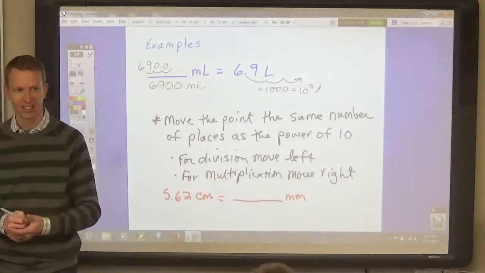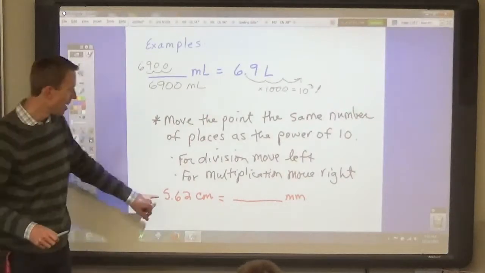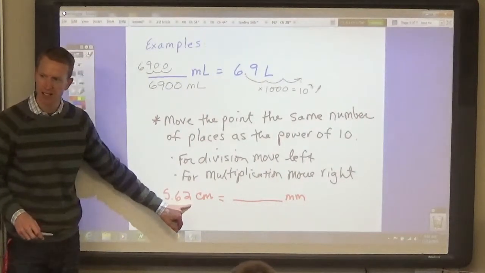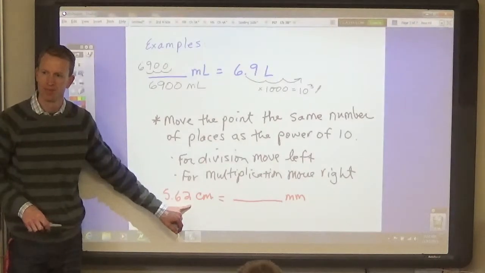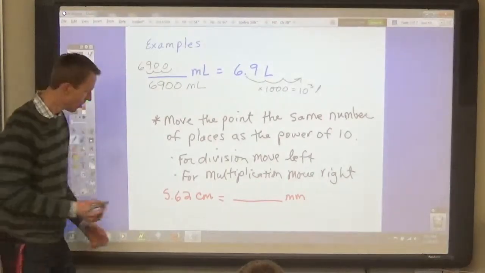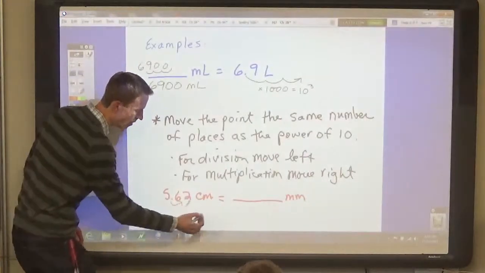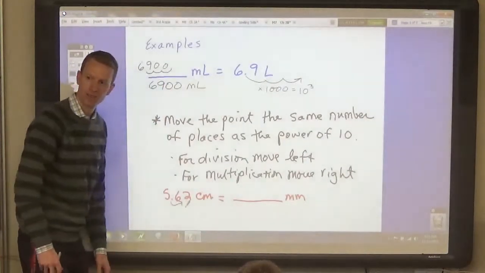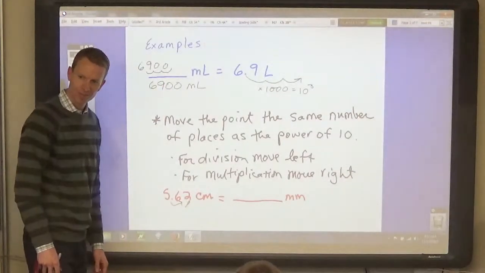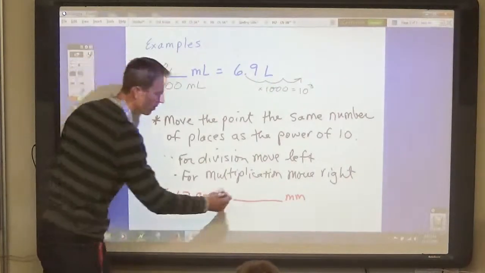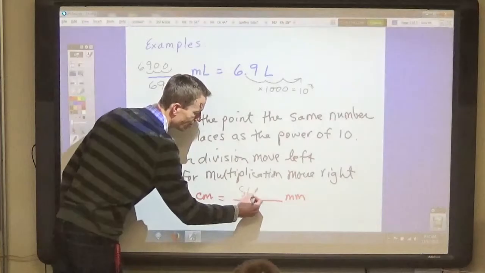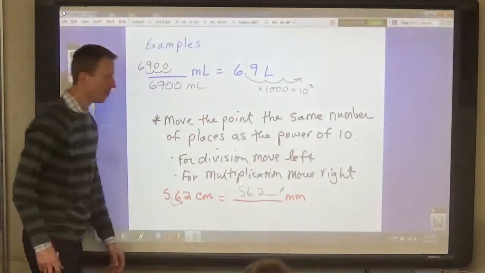You can do it. 5.62 times 10. Sam? Once to the right. Good. What is it then? 56.2. 56.2 what? Millimeters. Very good.